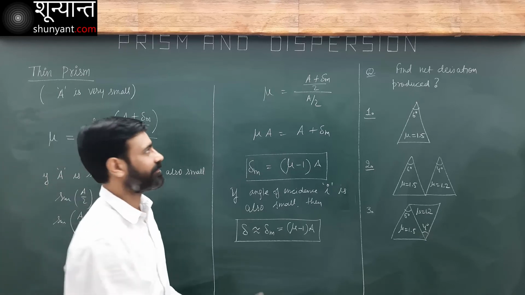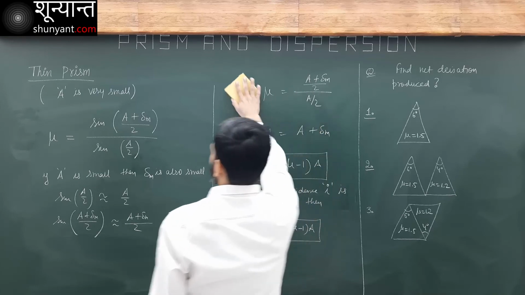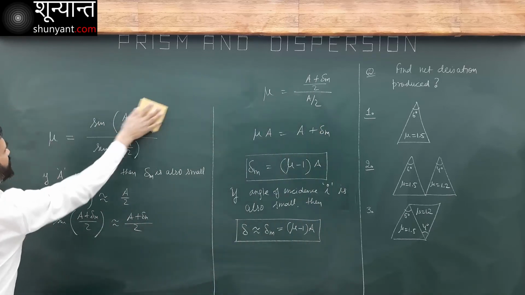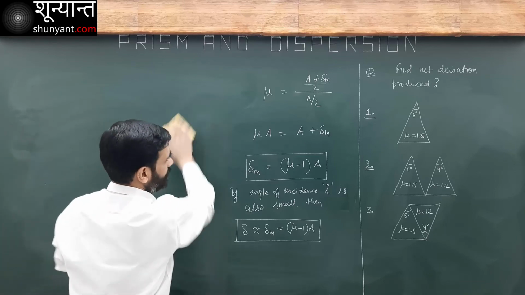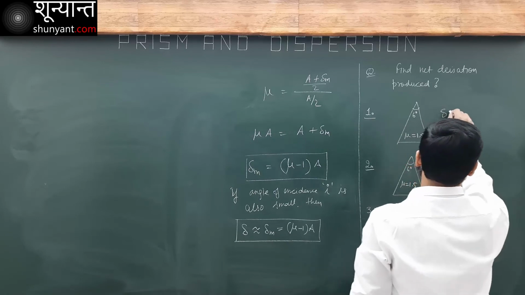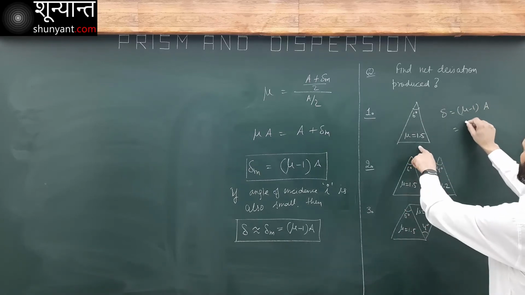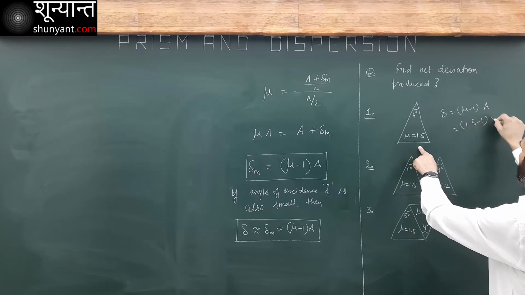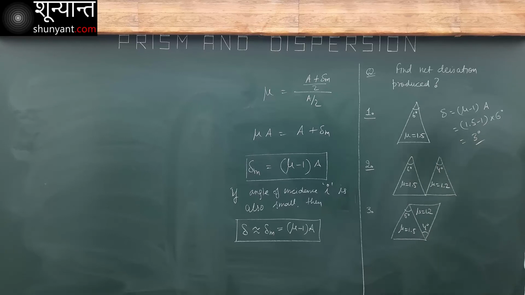What do you think? Pretty simple question. First case, deviation is simply equal to (mu minus 1) times A. It is (1.5 minus 1) times 6 degree. This becomes 3 degree, a deviation of 3 degree, for small angle of incidence.